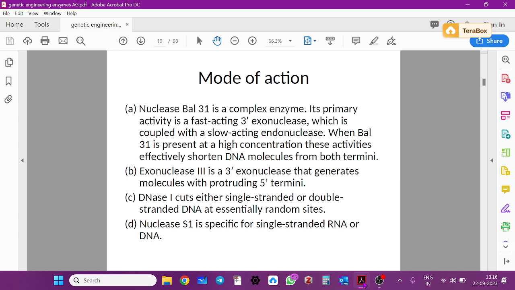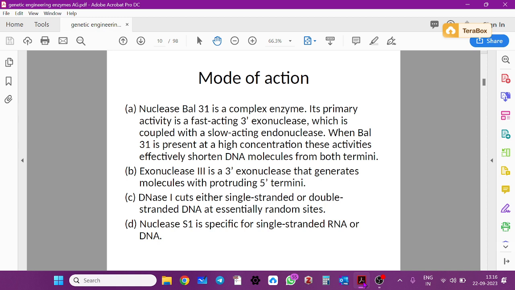So not only is it a restriction endonuclease, it's a very fast-acting 3' exonuclease. Both 2 in 1 activity, but this is not very popularly used. So what it does, it's very fast, it chews away the DNA.